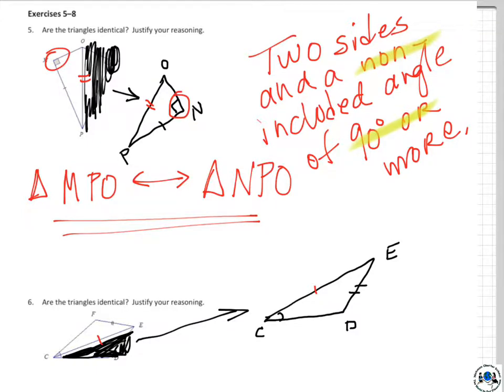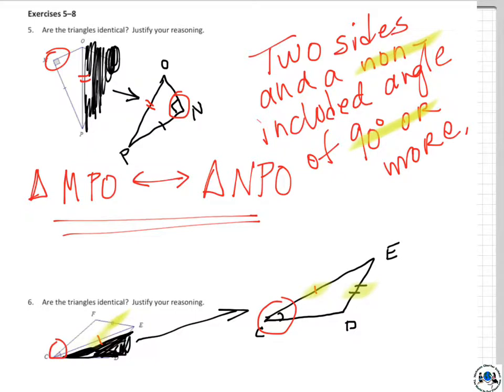Now if we get down to the triangles in 6, again I pulled them apart. What we notice is we have two pairs of equivalent sides. But the angle that we are given is a non-included angle right here, and it is an acute angle.